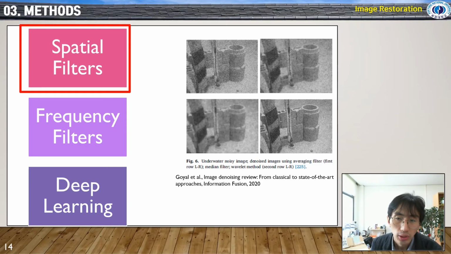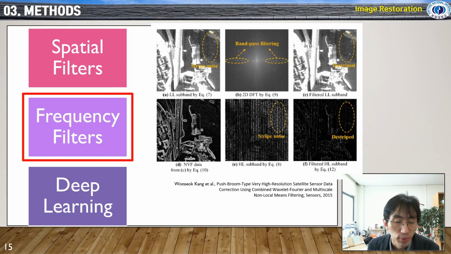So the most conventional way to solve these problems, to remove noise or enhance a low quality image, is the frequency-based method. There is an original image. This is noise. You see the strict noise here, and in an image many types of data are included.